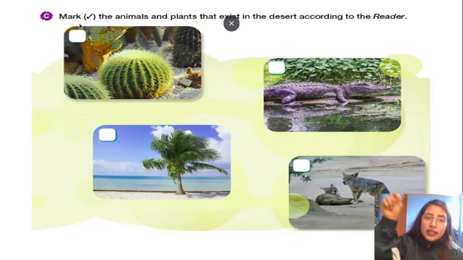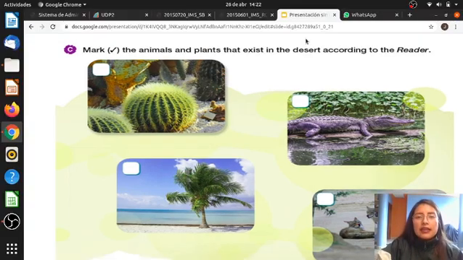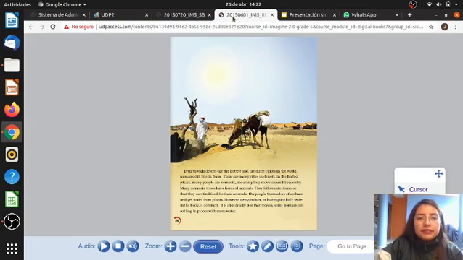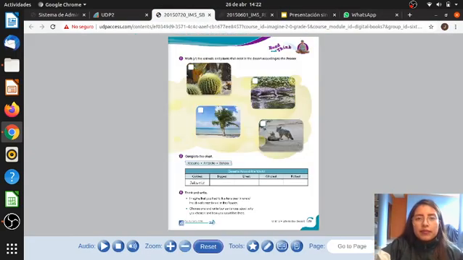Mark with a tick the animals and plants that exist in the desert according to the reading. De acuerdo a lo que acabamos de leer, vamos a poner un visto en cuáles animales decía el reading que había en el desierto. Ok, please. Okay, let's start with this. Okay, finish?